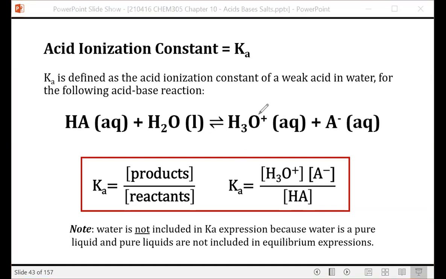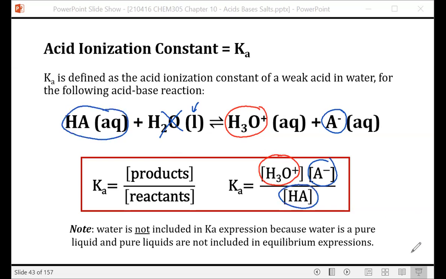So in this case, our products are always going to be H3O plus and then the conjugate base of our acid, A minus. And then our reactants, we exclude pure liquids, solids or gases. So we don't include liquid water. So we just have HA on the bottom here.